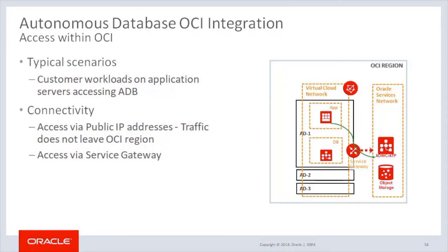However, this traffic never leaves the OCI region and is not routed through the external public internet. Instead, it is directly routed through a service gateway that connects the two services. This provides higher security because this traffic will never leave the data center, and provides much lower latency and better bandwidth since all the traffic is routed through the internal high-speed networks in the region.